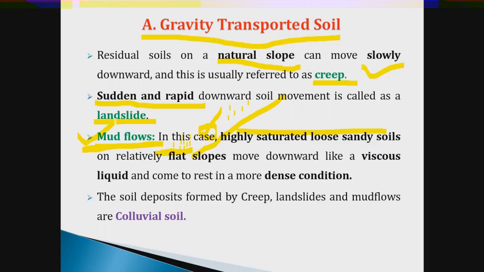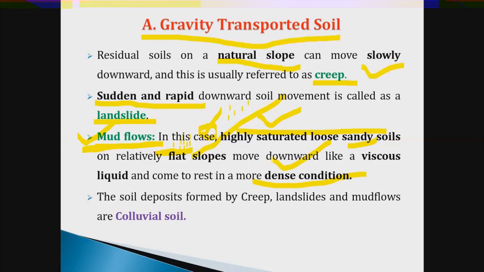You can see there is no clay or silt involved, but we still call this process mud flow because the sand is highly saturated, and when it comes to rest on a flat surface, its condition becomes highly dense. That's why we can call this a mud flow.